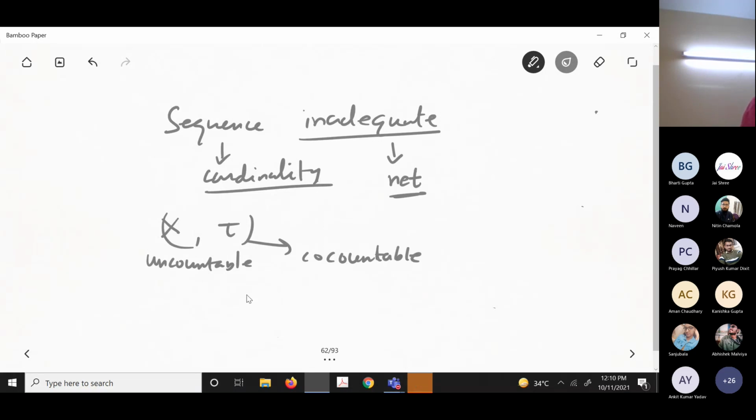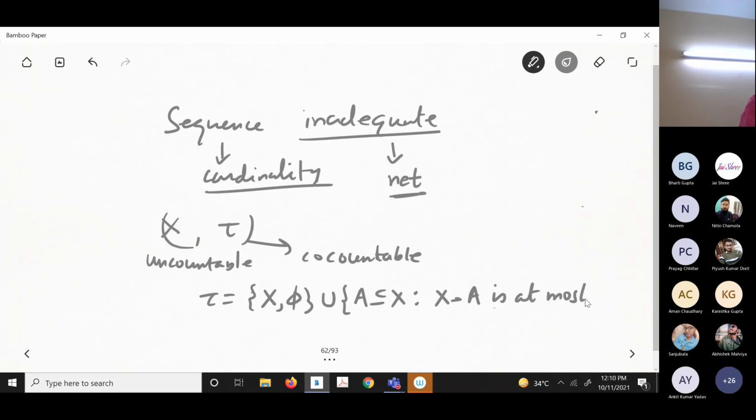Now look here, tau is {X, phi} union {A subset of X such that X minus A is at most countable}. That is either finite or countably infinite, at most countable. This is the co-countable topology.